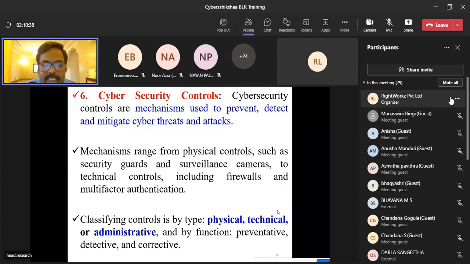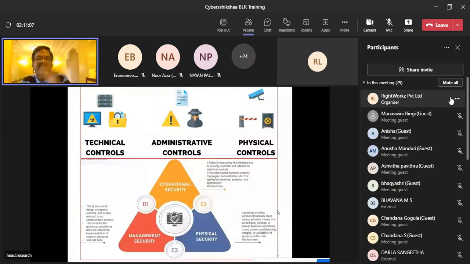Mechanisms are procedures or algorithms that range from physical controls such as security guards and surveillance cameras to technical controls including firewalls and multi-factor authentication, etc. You can classify controls by type, like physical, technical and administrative, and by function: preventative, detective and corrective. Then these are the examples of technical controls, administrative controls, physical controls.